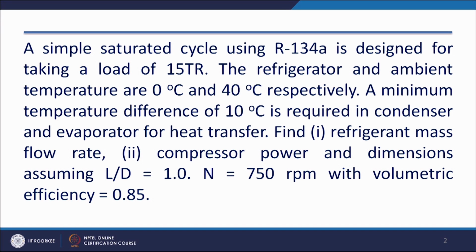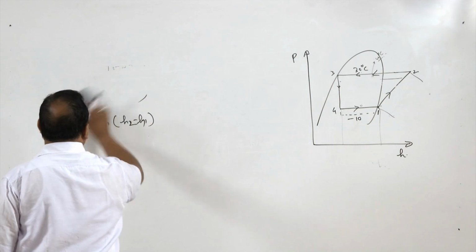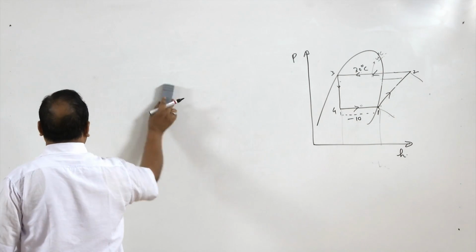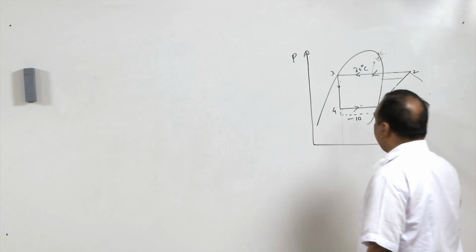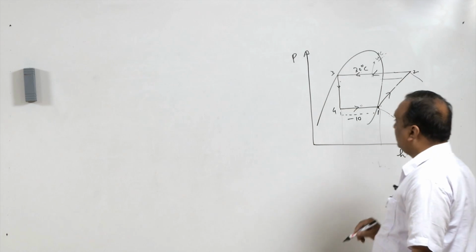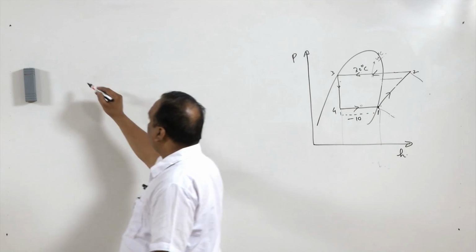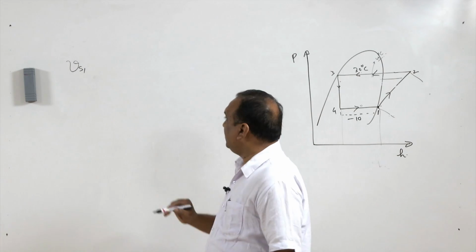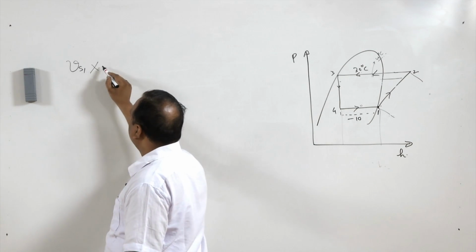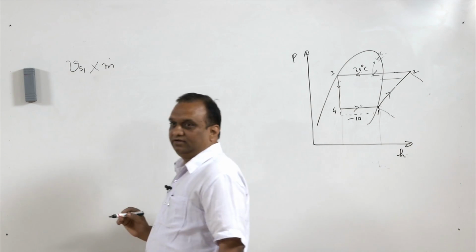Now, the third one is dimensions of the compressor. Now, we assume here it is a single acting single cylinder compressor. So, for this we will have to find specific volume, which we can take directly from the pH diagram, specific volume at state 1, right, multiplied by mass flow rate, right.